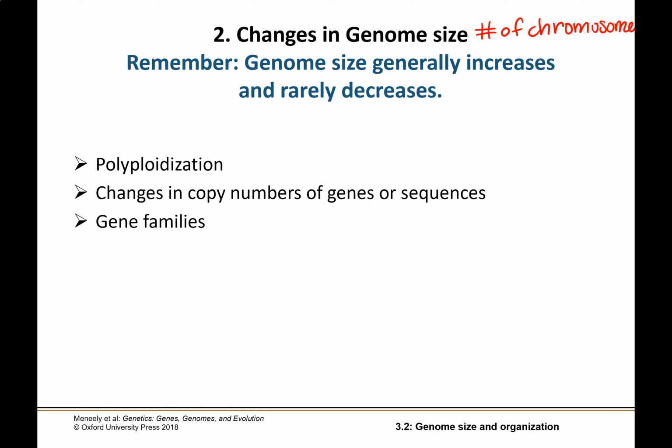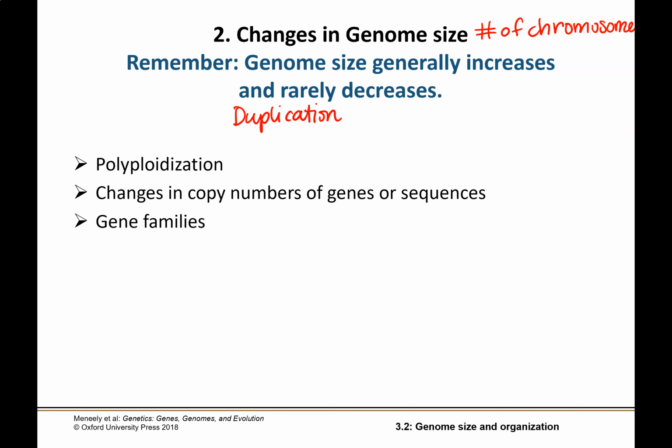You can also have changes in the physical anatomy of specific chromosomes. So remember from earlier in this chapter, we said that genome size generally increases, but it rarely decreases. And these increases essentially come from duplications, so duplicating part or the entirety of the genome.